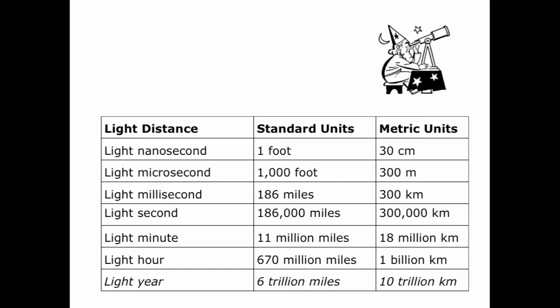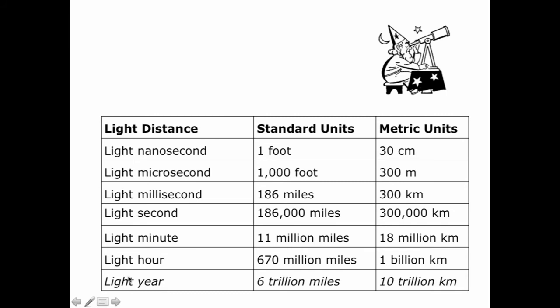All right, so let's talk about some other units. If we're going to talk about space, there's a light nanosecond, a light microsecond, millisecond, second, minute, hour, year. Okay, so a light hour is obviously the distance light travels in 1 hour. So let's give you some reference to how far that is. I only really care about a light year.